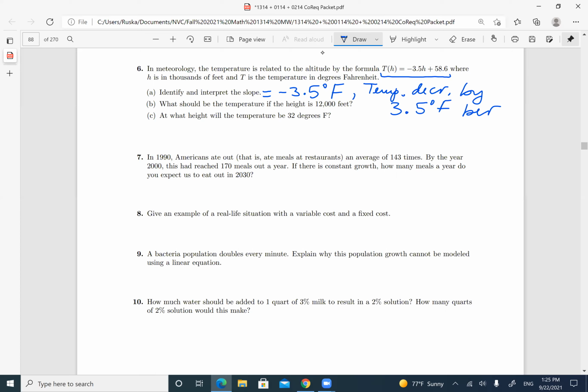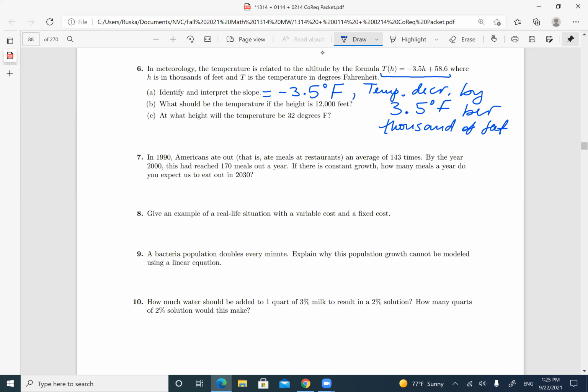What is the unit for the height? Per 1,000 feet, right? Okay, so everybody understand that? That's how you interpret that.